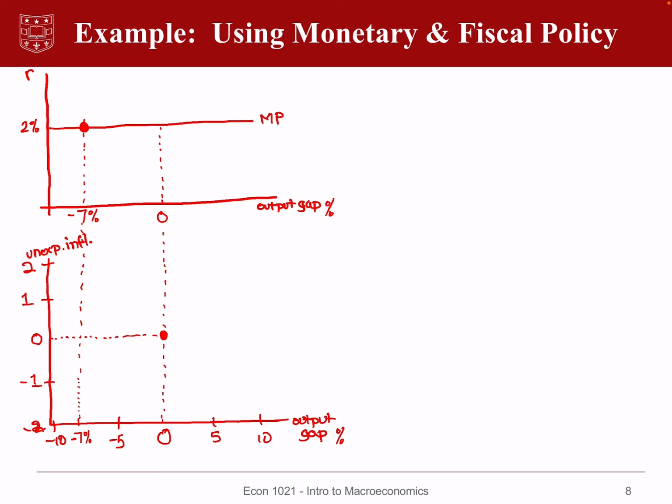So, oops, nuts. Okay, so we'll make that our Phillips curve. Not a nice straight line, but you can imagine. And we have our MP curve. Here comes the IS curve. Okay. So just to check, right, we have an output gap that is at negative 7%.